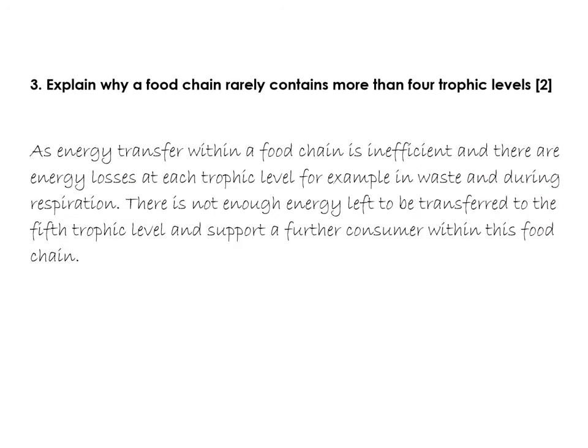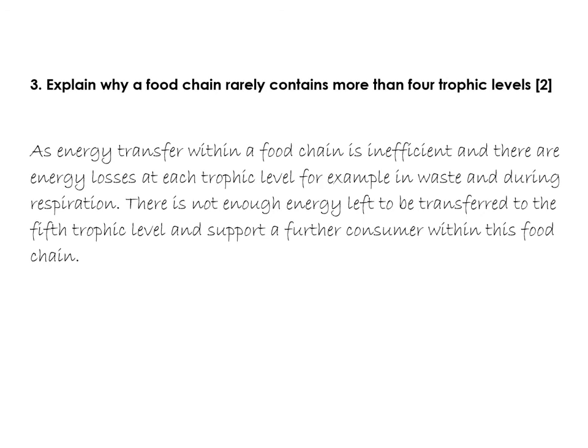Okay, so explain why a food chain rarely contains more than 4 trophic levels. As each energy transfer within the food chain is inefficient and there are energy losses at each trophic level, for example in the waste and during respiration, there is not enough energy left to be transferred to a 5th trophic level and support a further consumer within this food chain.